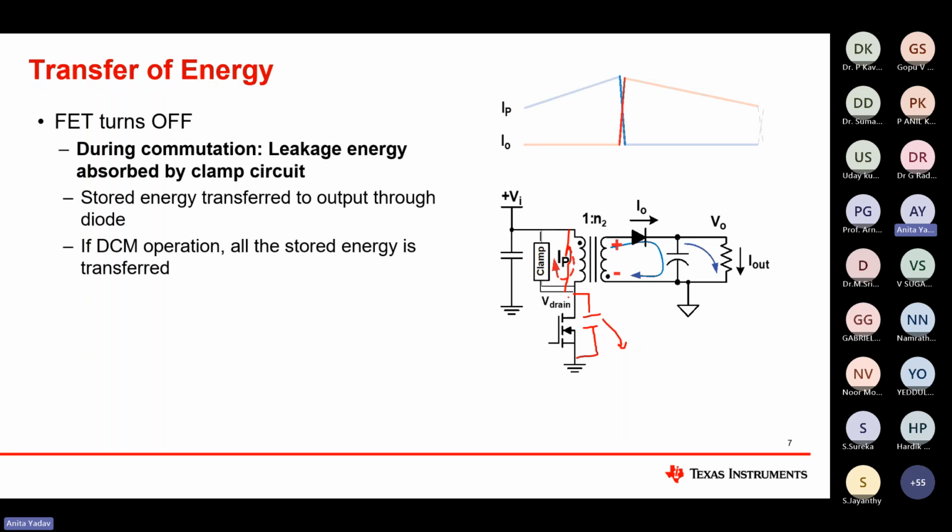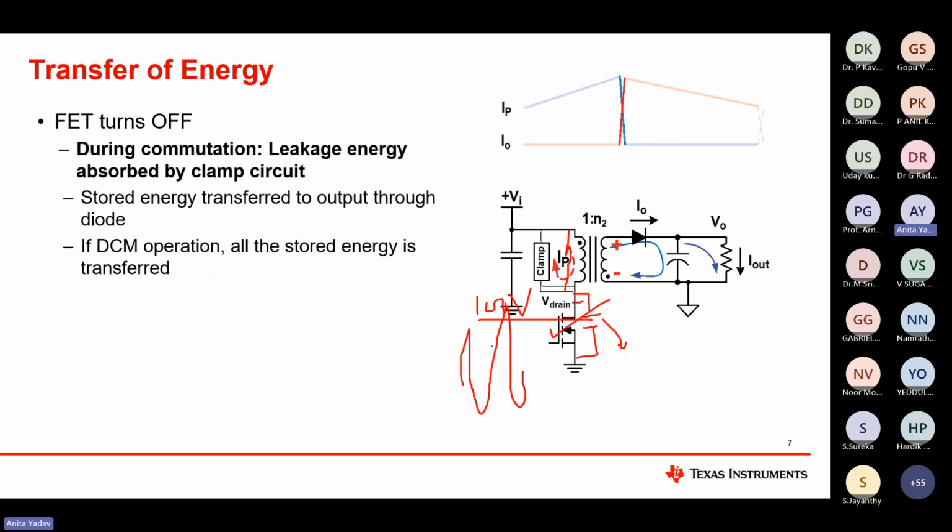So the total switch node capacitance forms an LC tank along with the leakage inductance of this transformer, and thus starts oscillating. Suppose my FET is rated for 800 volt, and if the LC starts oscillating, it can go higher and may cross 800 volt. If it goes above 800 volt, say 1000 volt, then this FET will get damaged.